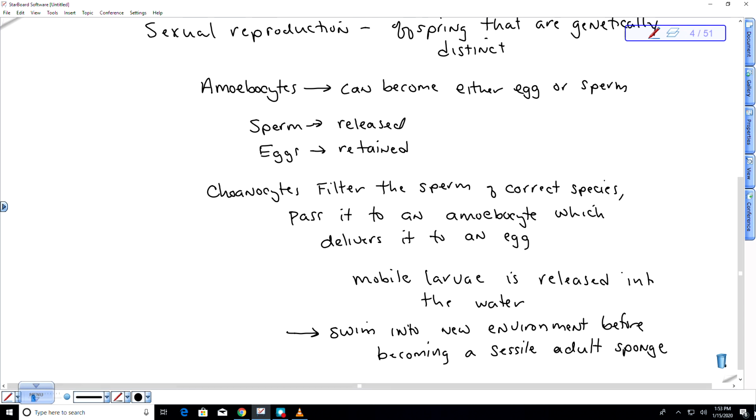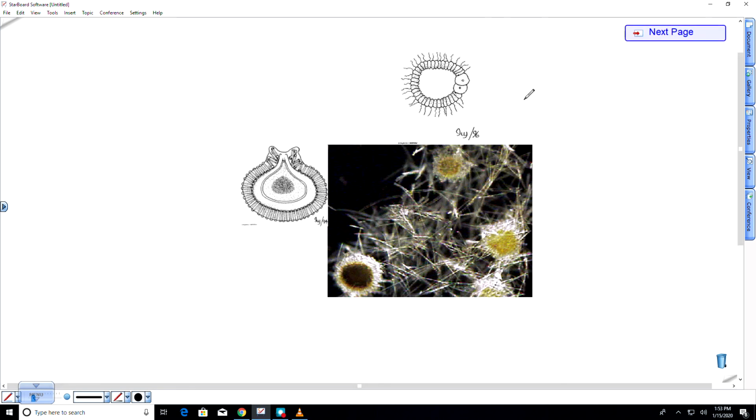So if we look at a diagram of, or a little image of this, right up here is my mobile larvae. Notice how simple it is. It's just multicellular. This is shown two-dimensionally. It would be like a water balloon. So it actually has fluid inside versus outside. And notice it has cilia. So notice it can swim into the new environment and settle down and produce a whole new individual.